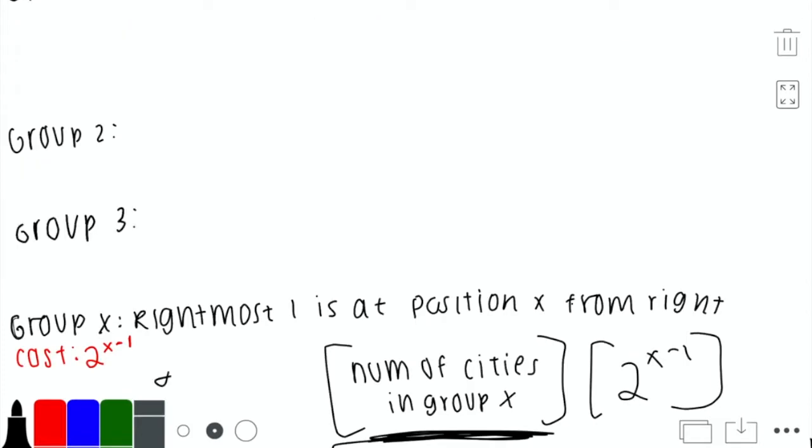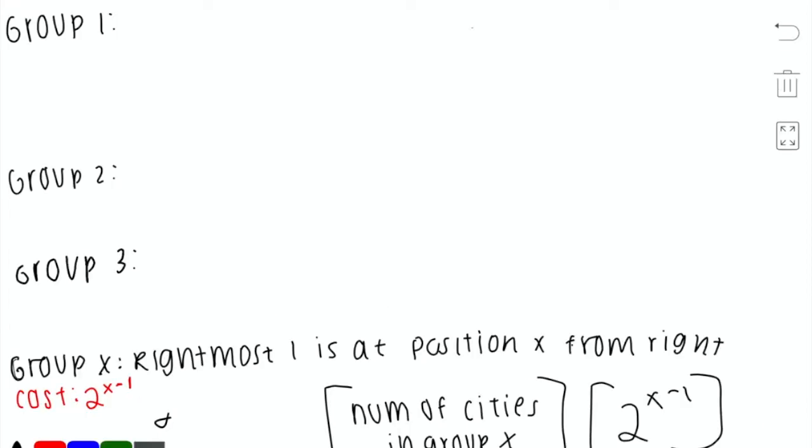Okay, so to find the number of cities in each group, let's start by listing out the numbers that would be associated with each group, and let's see if we can find some sort of pattern. For group 1, the rightmost one is at the first position from the right, and so group 1 would actually include all of the odd numbers.